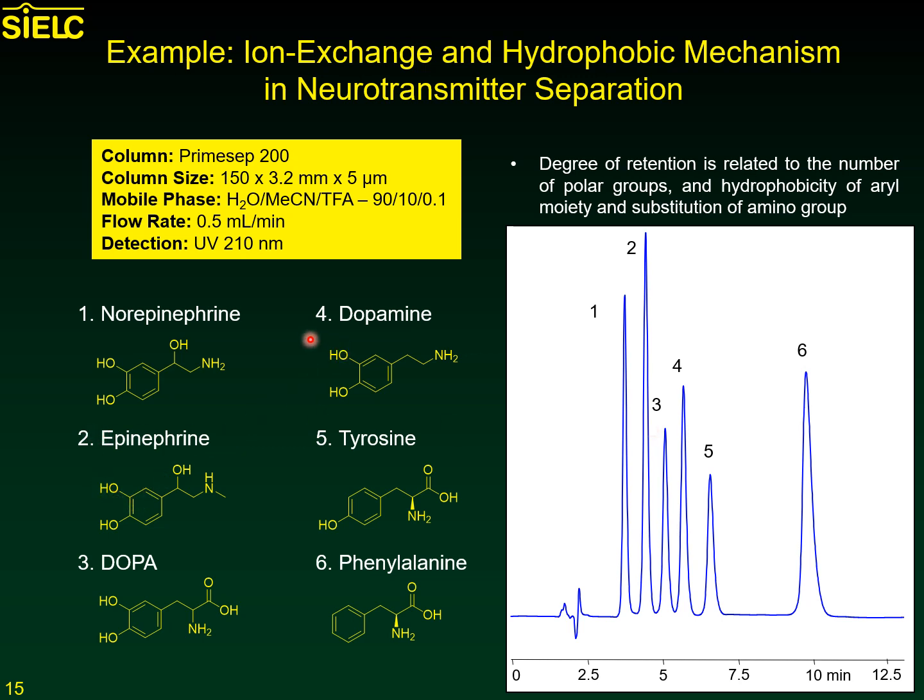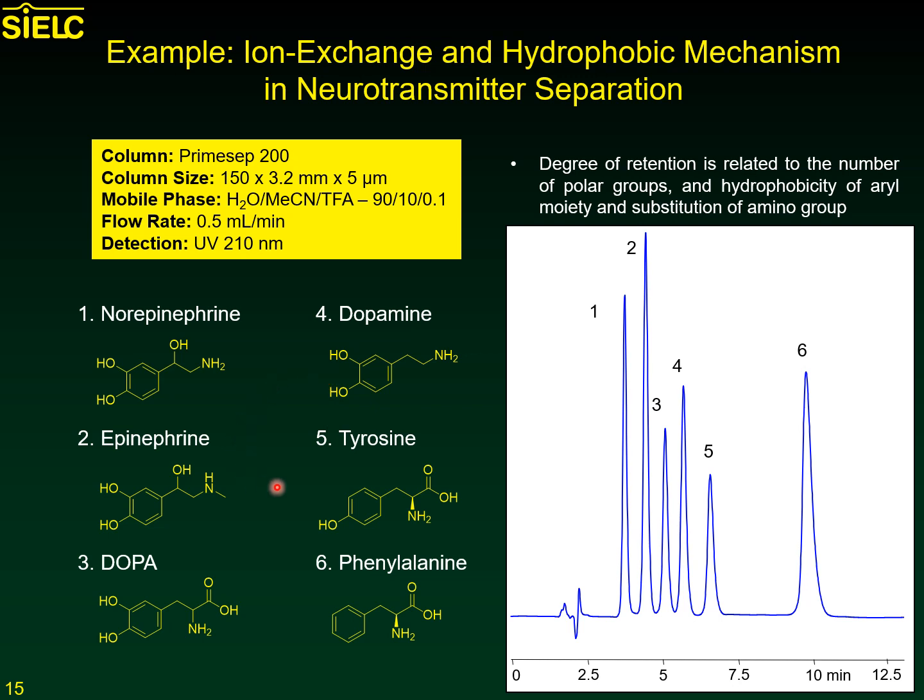Then, if one moves over to dopamine, this compound elutes next from the column because it now does not contain a hydroxyl group, and even though it contains a primary amino group, it now only contains two hydroxyl groups. Most notably, these are now phenolic groups.